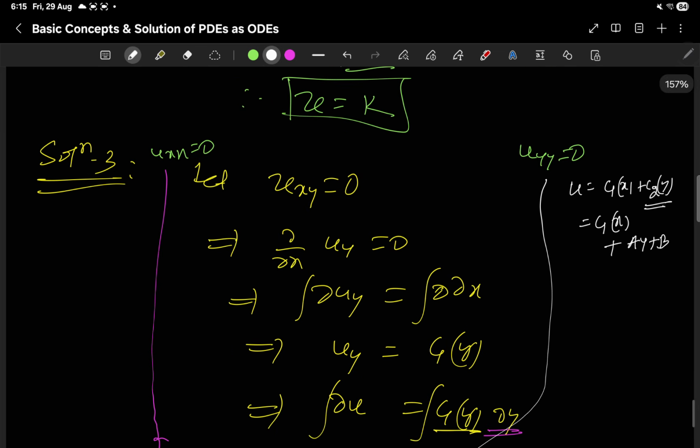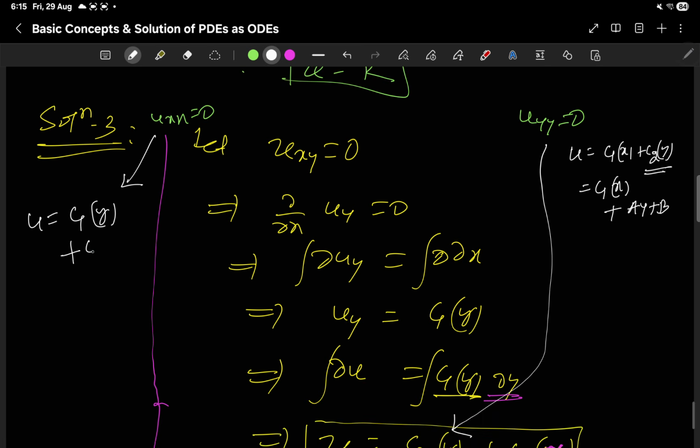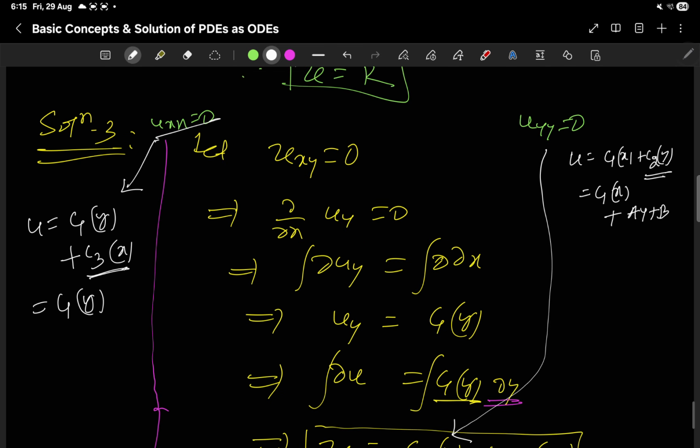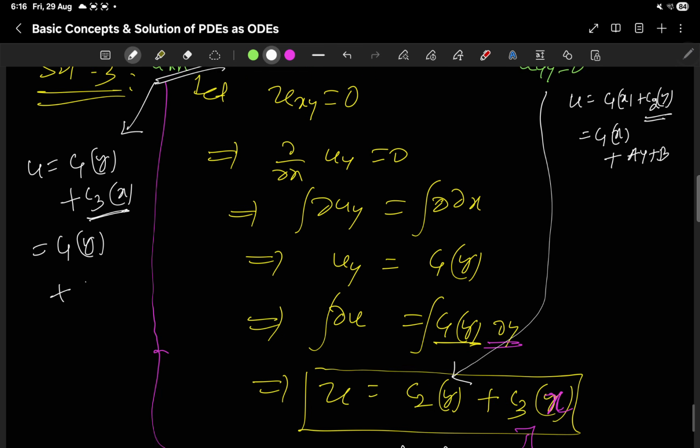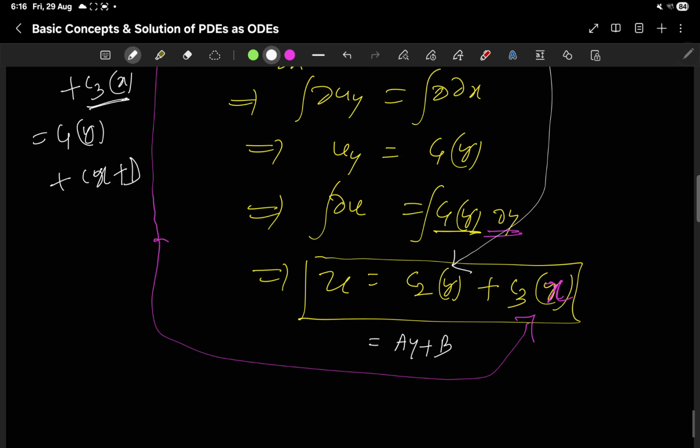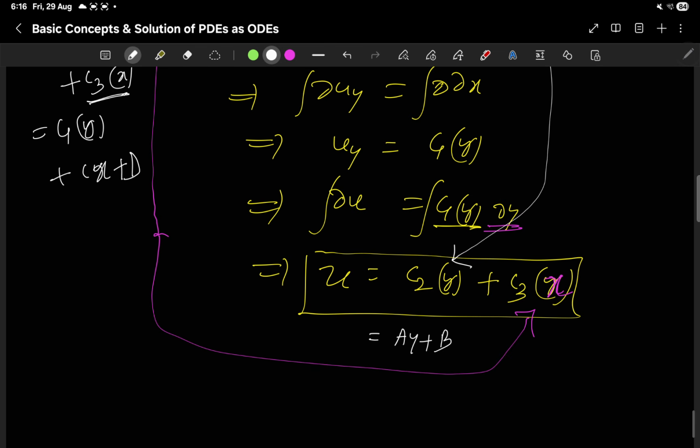Now u may be a function of y that is anything, but the function of x must be linear so that the second derivative will be 0. So it will be cx plus d. From this viewpoint, you can substitute cx plus d.